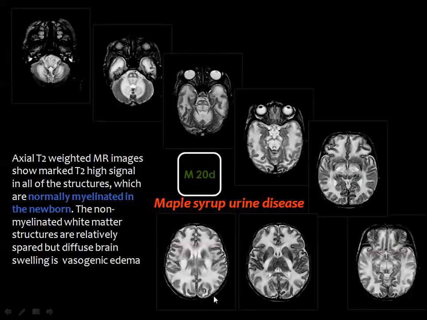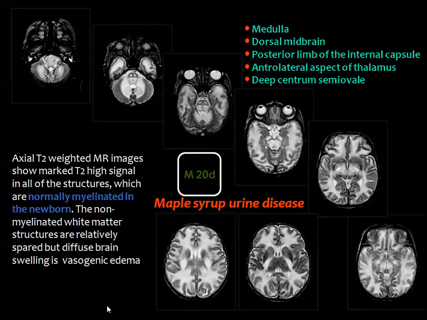You remember that the previously mentioned sites are normally myelinated in the newborn, but if you look here, you can see that in this series of T2 weighted images, there is high signal intensity in the structures that are normally myelinated in the newborn.